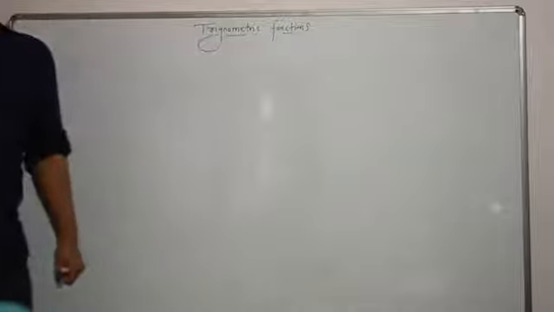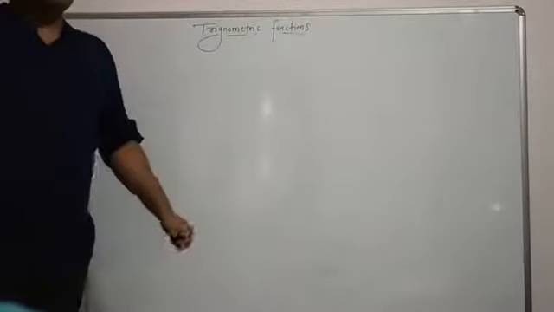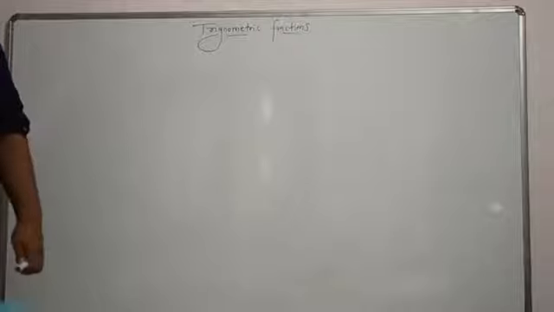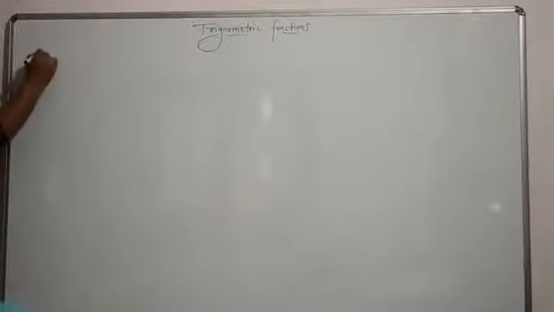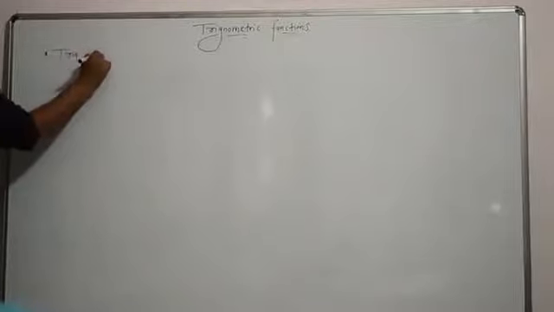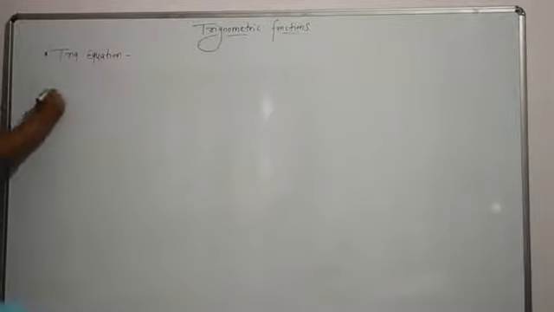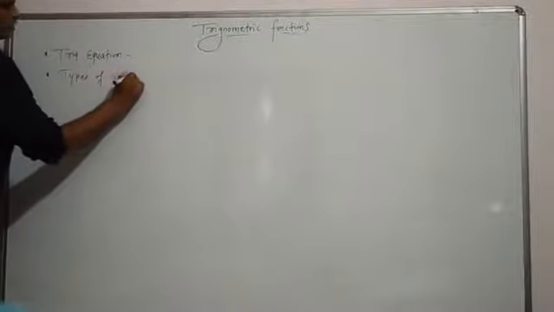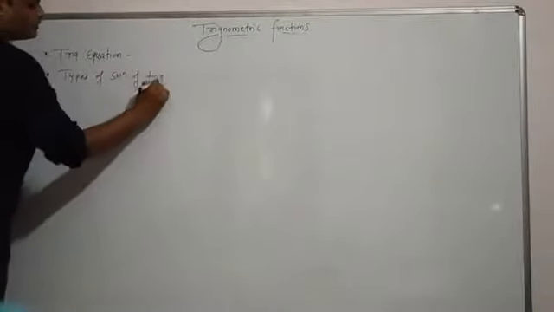So in the last video we had started the chapter that is the trigonometric functions. We had started the concept of trigonometric function, and in the last video also we had seen the trigonometric equation and types of trigonometric equation, types of solution of trigonometric equation.